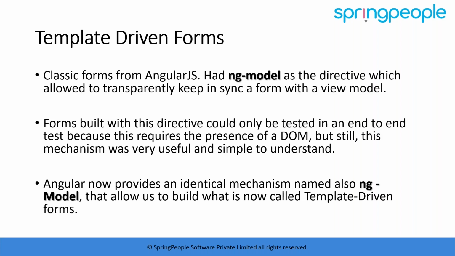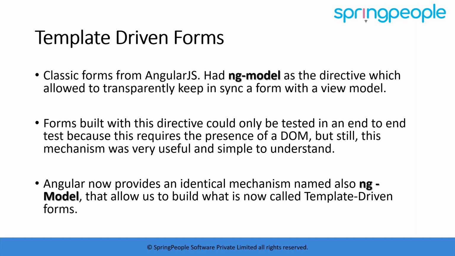This directive had the property of allowing us to work with two-way data binding. When we say two-way data binding, it means we can talk to the component that is available to us in the backend logic, and the component can talk back to the view that we have in the front end.